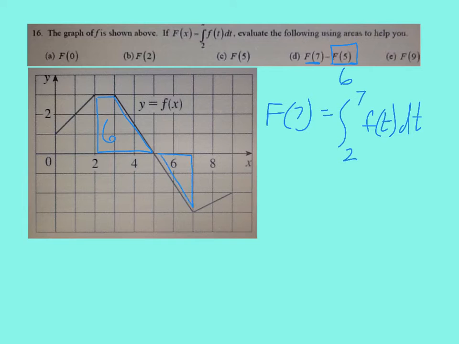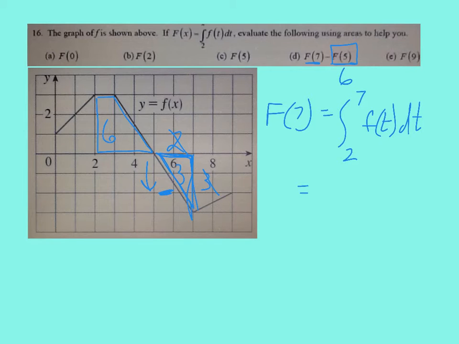is this part here. Well, now this part here is below the x-axis, so we've got to remember when we solve this, it's going to be a negative value. Okay, so F of 7 becomes 6, and this triangle right here, base times height divided by 2, is actually equal to 3. So that becomes negative 3.